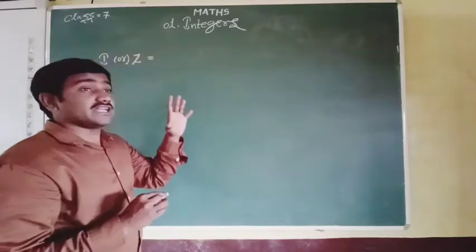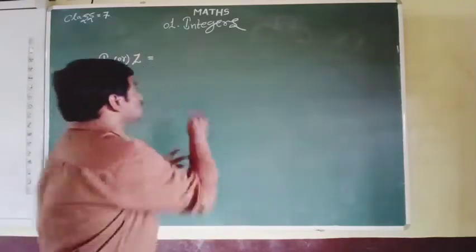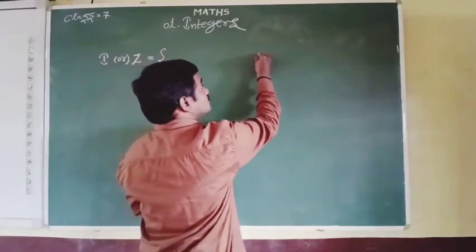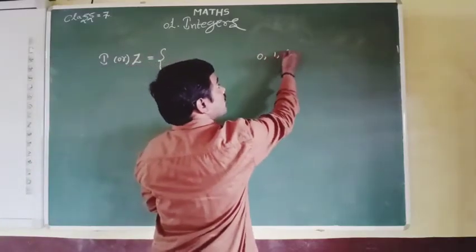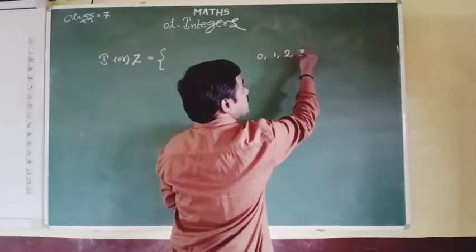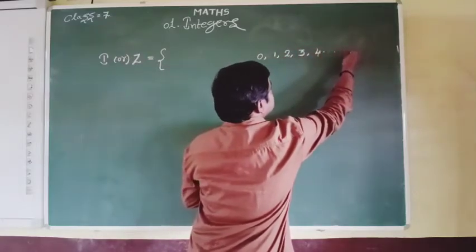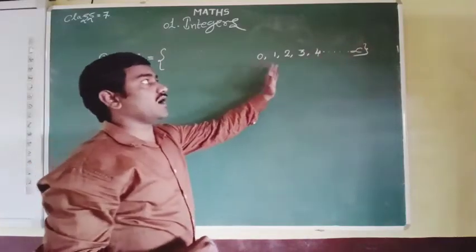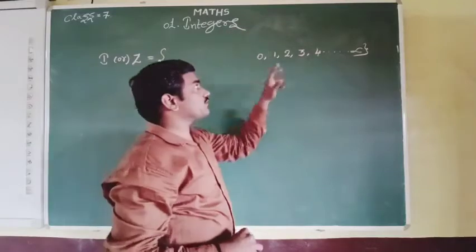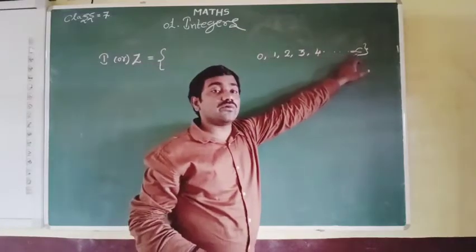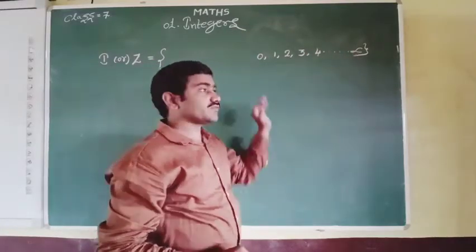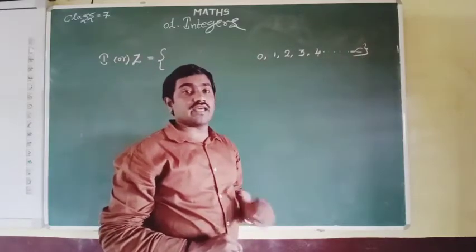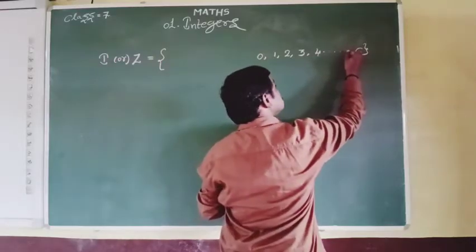Let's see what the bigger collection of integers is. As we know, the set of 0 and positive numbers, there will be infinite numbers: 0, 1, 2, 3, 4 and so on. From 1 to infinity, they are natural numbers. 0 to positive infinity, they are whole numbers.